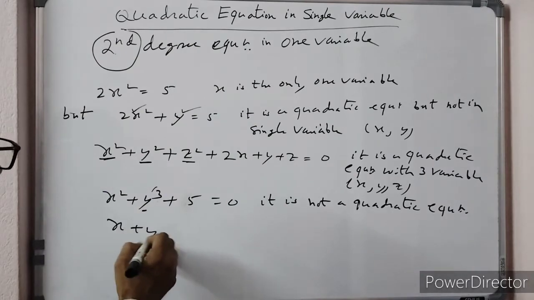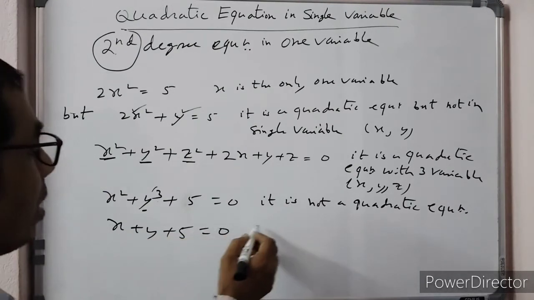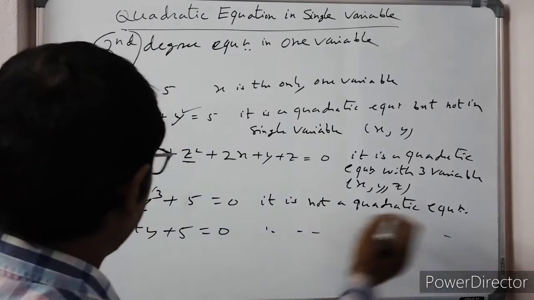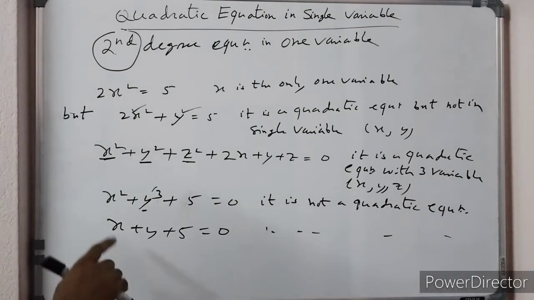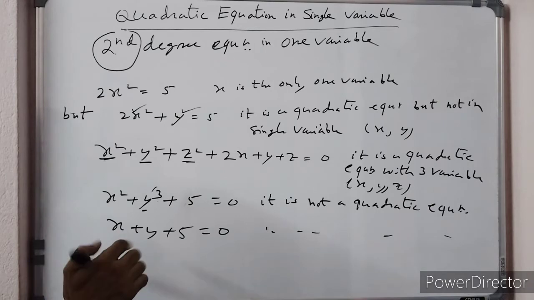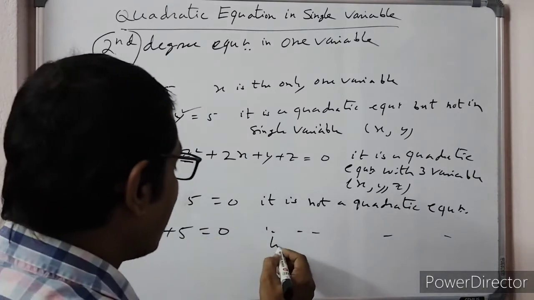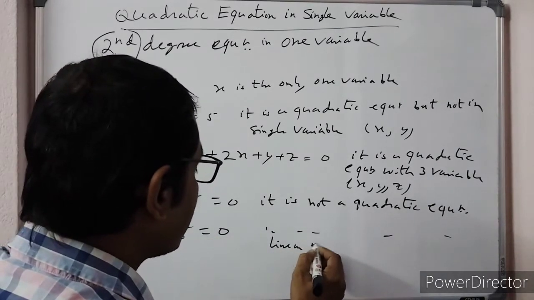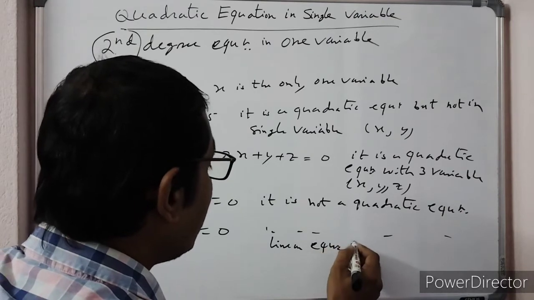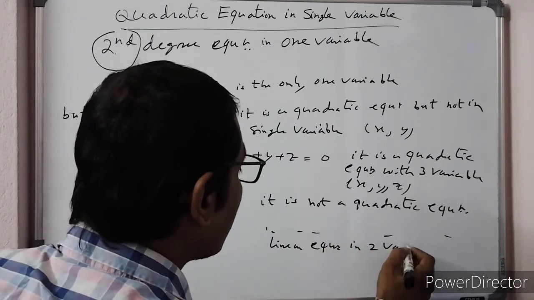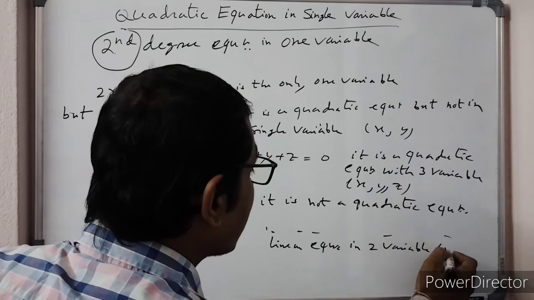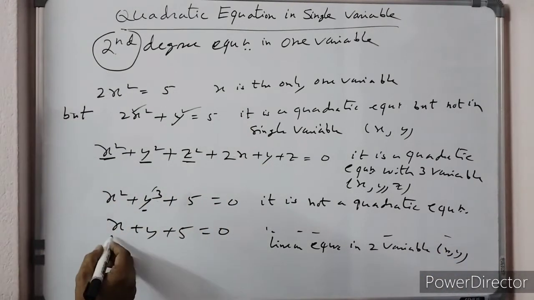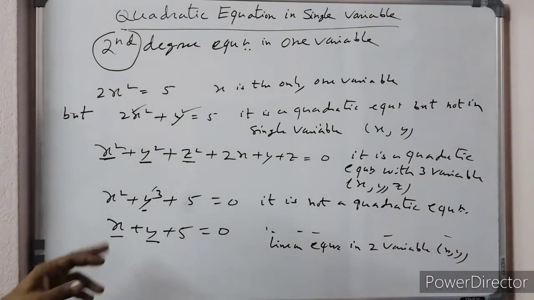Suppose x plus y plus 5 equal to 0. It is not a quadratic equation. It is a linear equation in two variables, x and y.